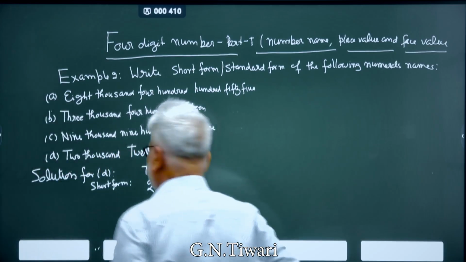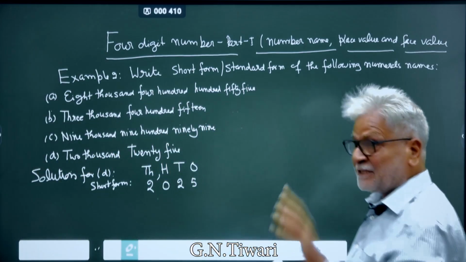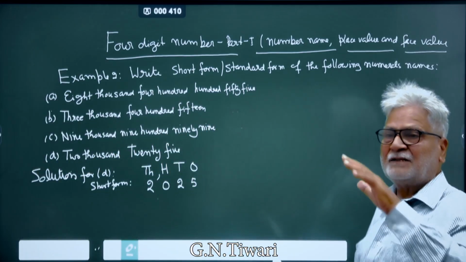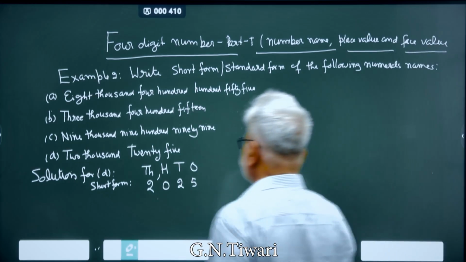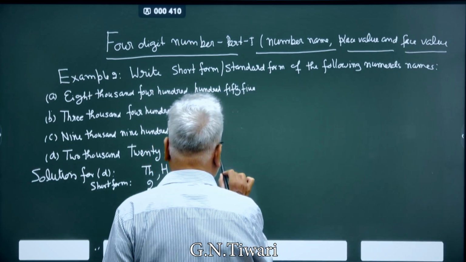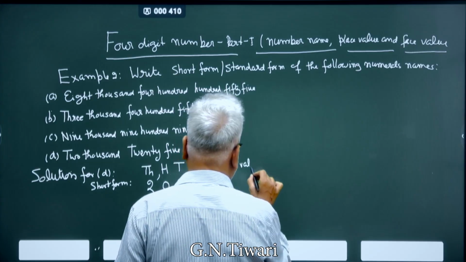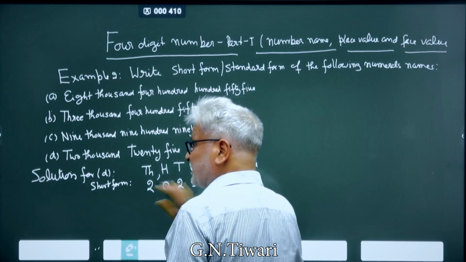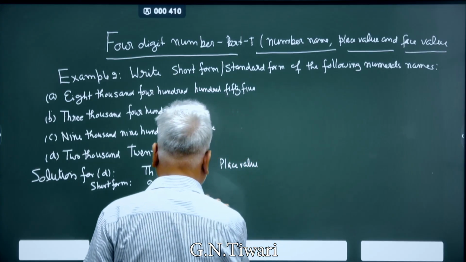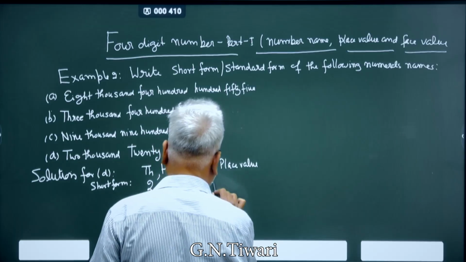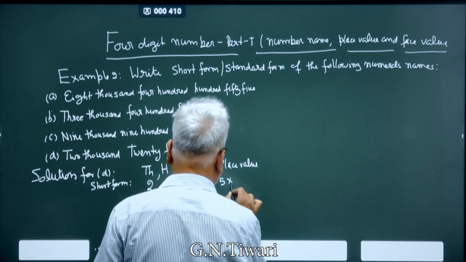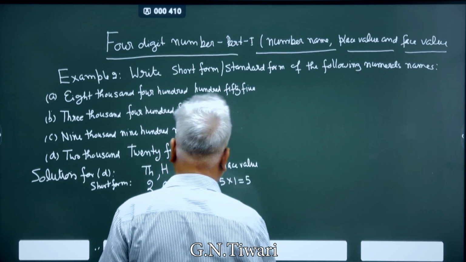Here again I will explain the place value, expanded form, and the face value. Just say, here I am writing place value of each digit. First digit, you can write here 5 into 1 is equal to 5.